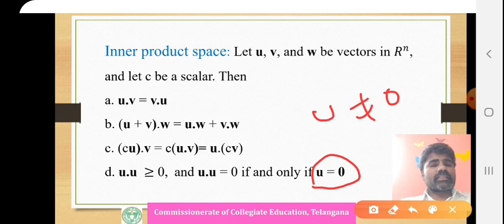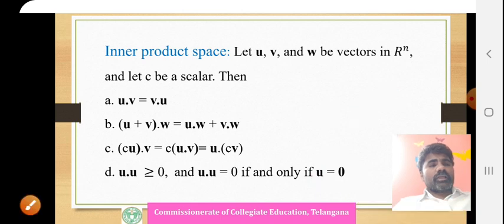It is 0 only when u is 0. If any space of vectors satisfies these four properties, we can say that it is an inner product space.